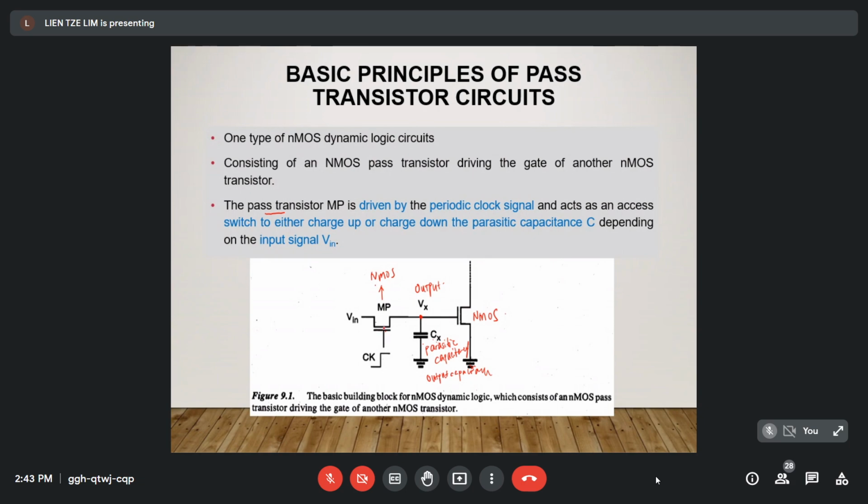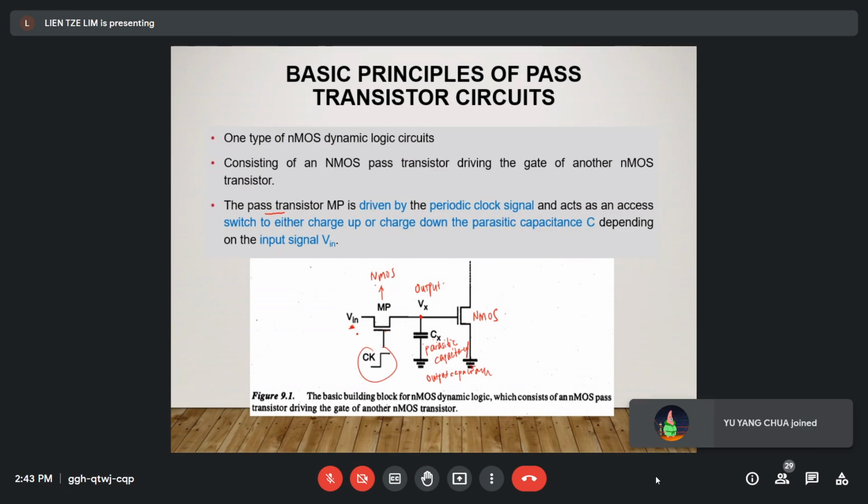This pass transistor is driven by the periodic clock signal. This is the clock signal, and it acts as an access switch to either charge up or charge down the parasitic capacitance CX, depending on the input signal V in. This is the input voltage.